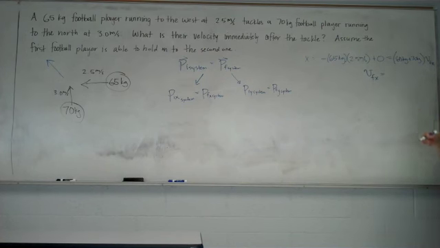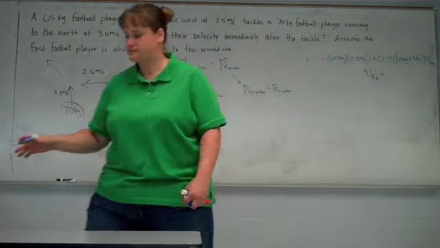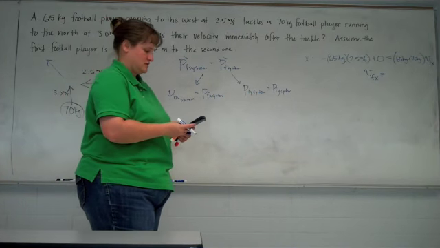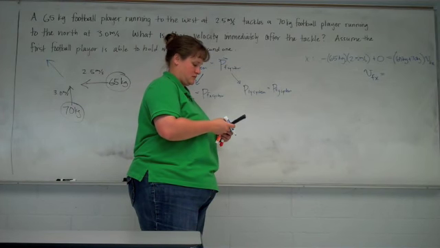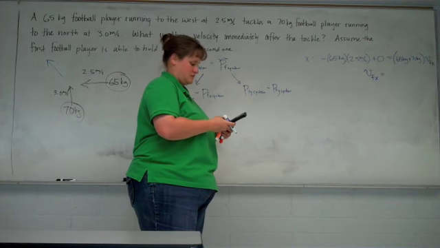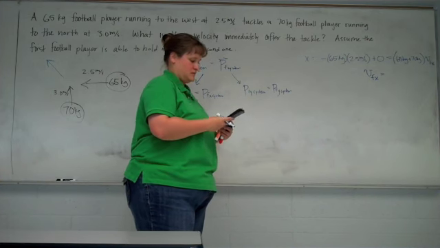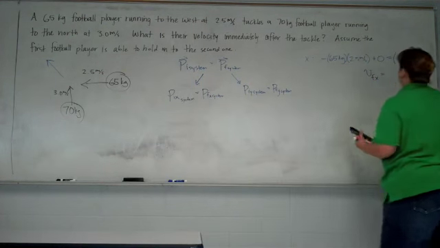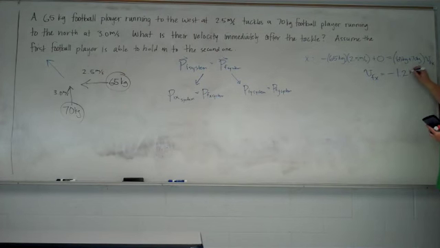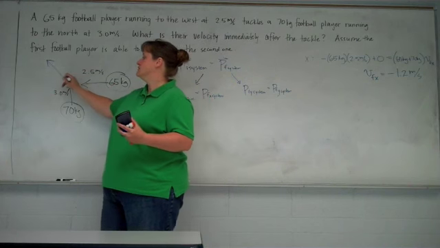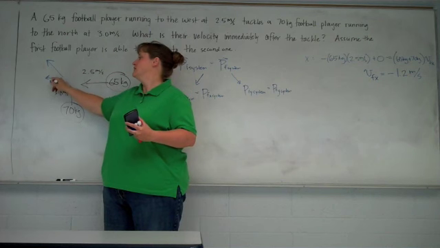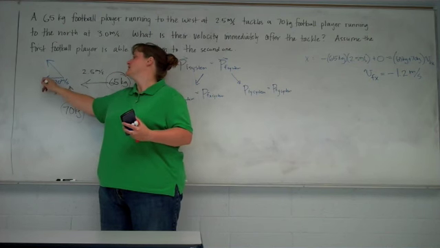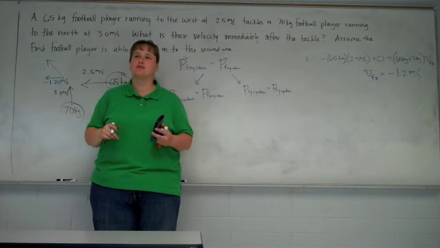That's one piece of information at least. I get negative 1.2 meters per second. What that is, this component, that's just the x component. It's to the left, and it has a value of 1.2 meters per second.